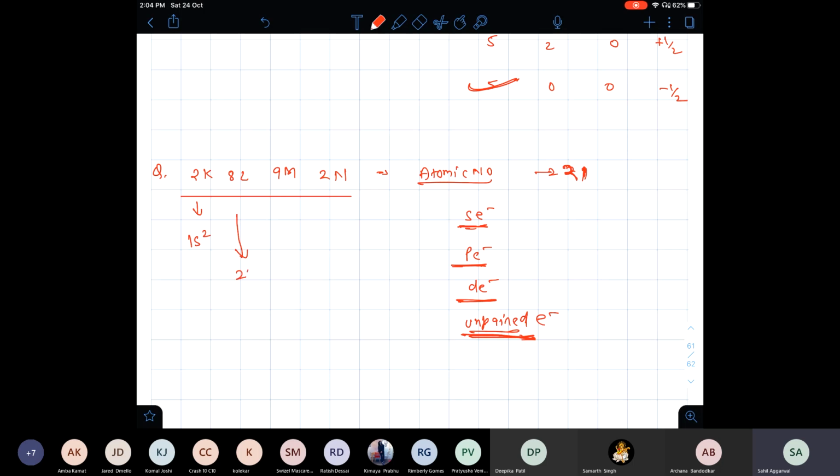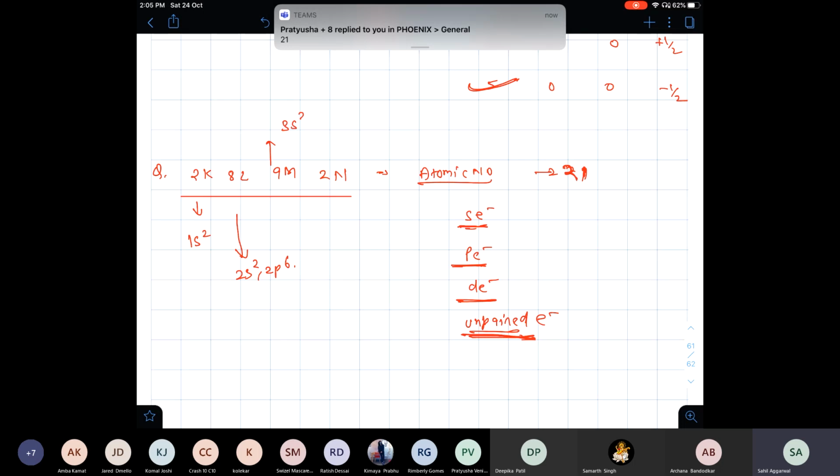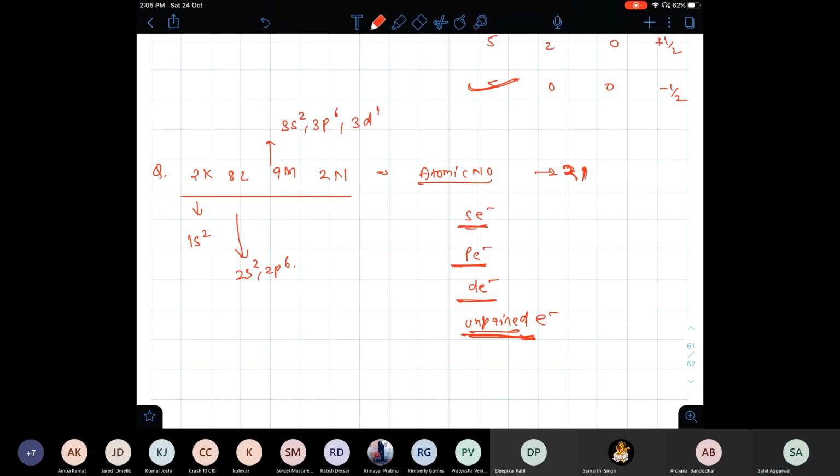8l means 2s2 2p6. 9m means 3s2 3p6 3d1. And 2n means 4s2.